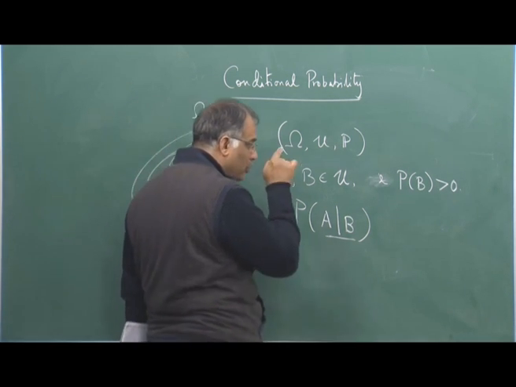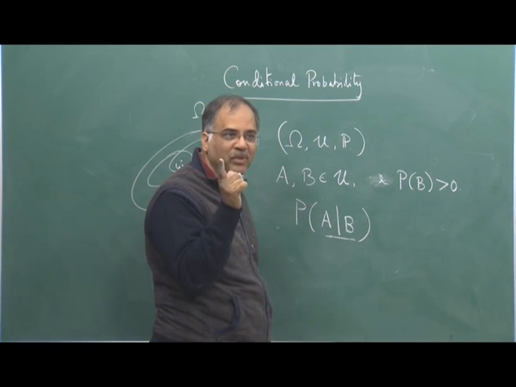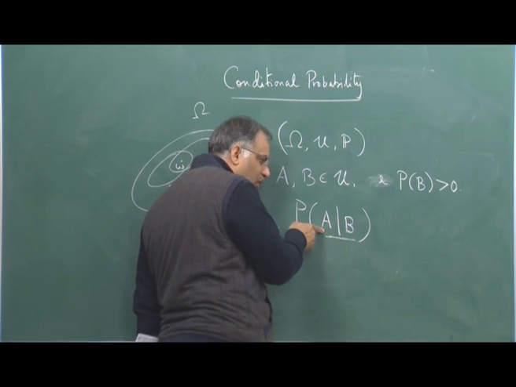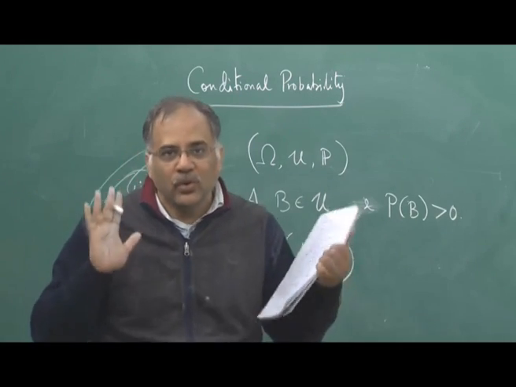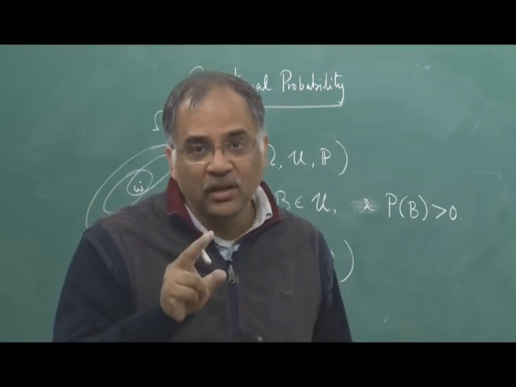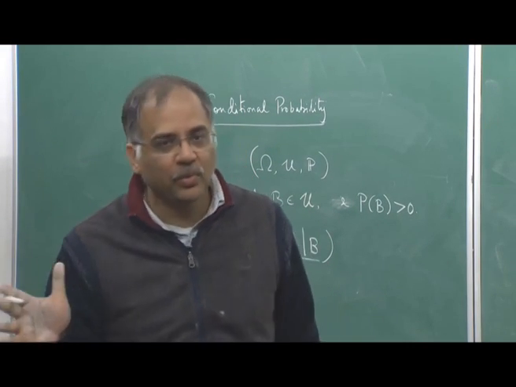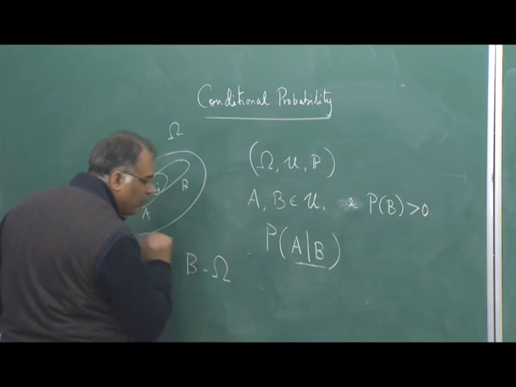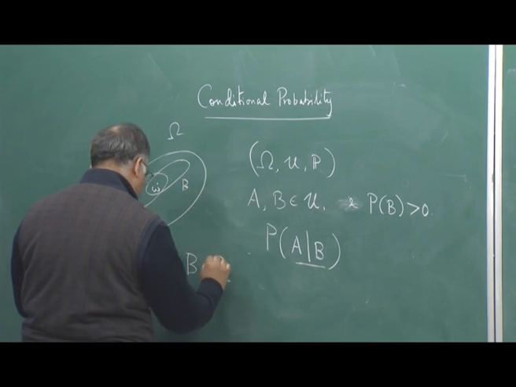I am only bothered about those omegas which have occurred in B. If they have not occurred in B, I am not bothered about them. That is why I am looking for A given that B has occurred. So we are only looking at those omegas which have come up in B. We are not looking at other omegas, and thus B is taken as my new sample space, which I mark as omega tilde.